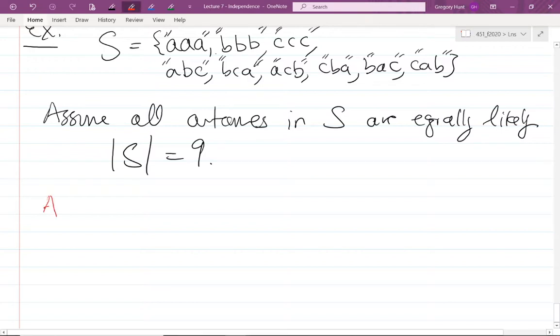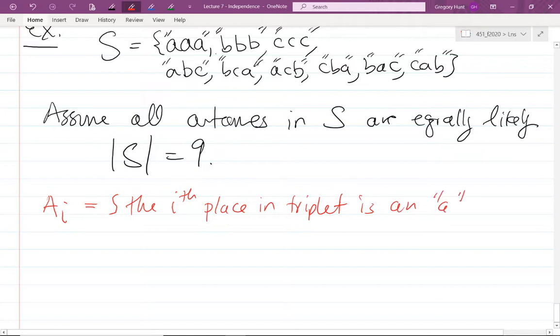Furthermore, we're going to define the event capital A sub i to be the event that the ith place in the triplet is an A. So A sub 1 is all those triplets where the first thing is an A. So AAA is surely in there, ABC, and ACB.